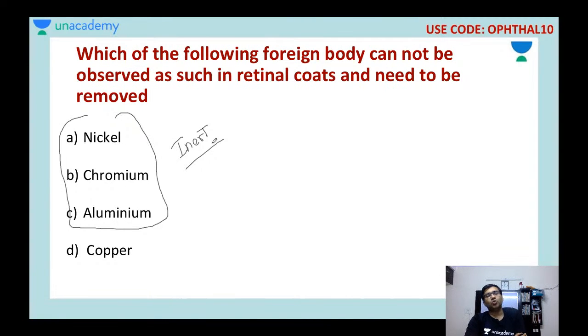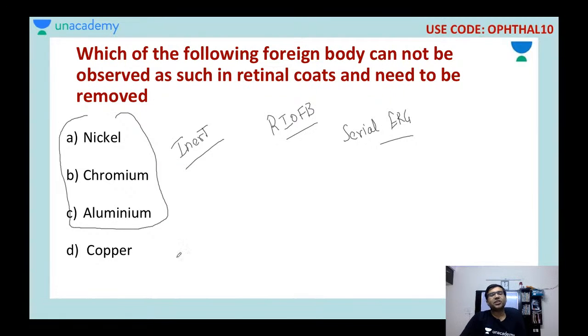So what you do is, you do not do anything, you just tell the patient to have a normal retinal checkup every 6 months. Also in these cases, you tell the patient to watch for toxicity of the retina. So we do a serial ERG, serial electroretinogram, whenever we have a retained intraocular foreign body.